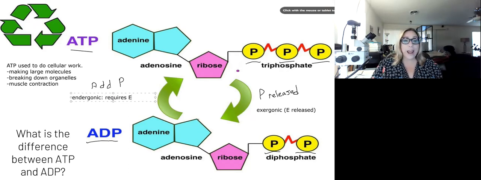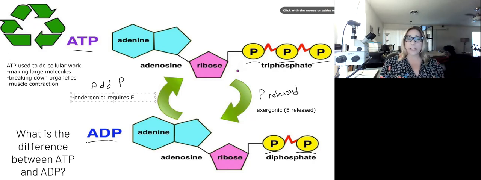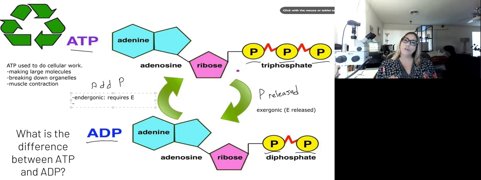So where does that energy come from to make ATP? Right? You have ADP, you need energy to make ATP. Well, we keep talking about food, right? Carbohydrates are a source of energy.